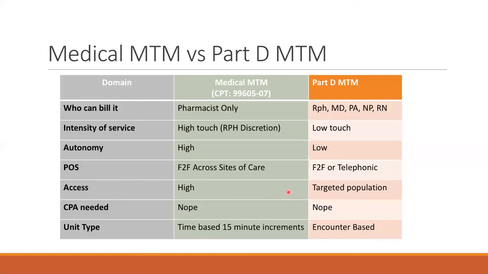It says it can be face-to-face. That could be in a pharmacy, in a clinic, or in a hospital, depending upon the patient's individual benefits. So there's high access to this. And you don't need a collaborative practice protocol for this or prescriptive authority delegated under your board of pharmacy. This can be something that you can do even without prescriptive authority or a collaborative protocol.